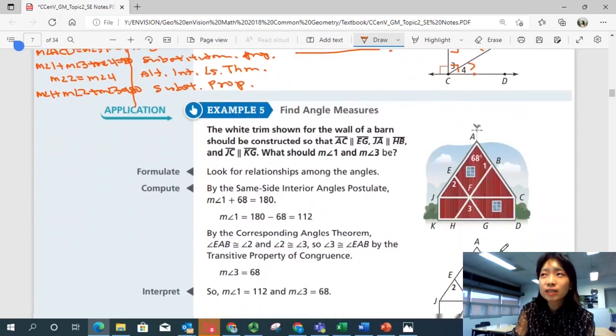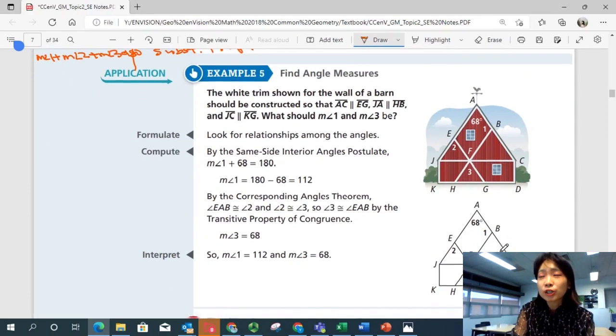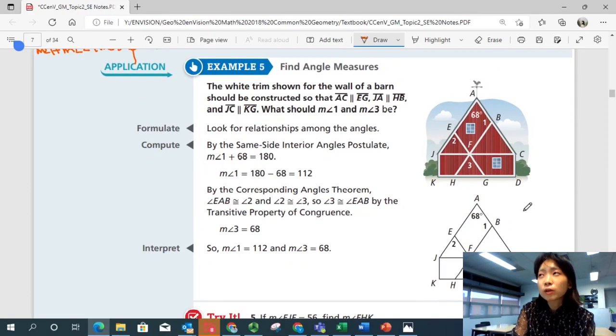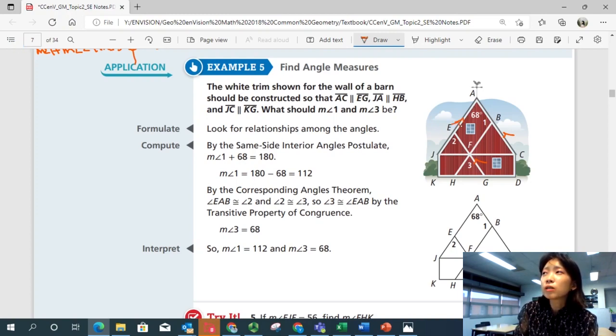Okay? Let's look at example 5. Angle measures. The white trim shown for the wall of a barn should be constructed so that AC is parallel to EG, and JA is parallel to HB, and JC is parallel to KG.